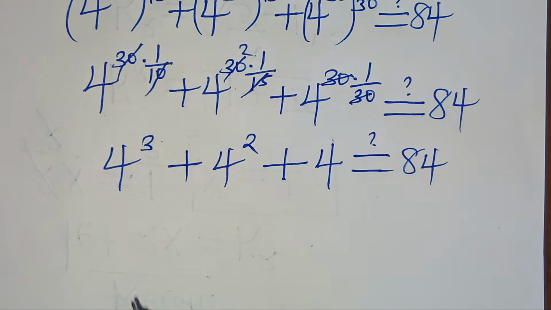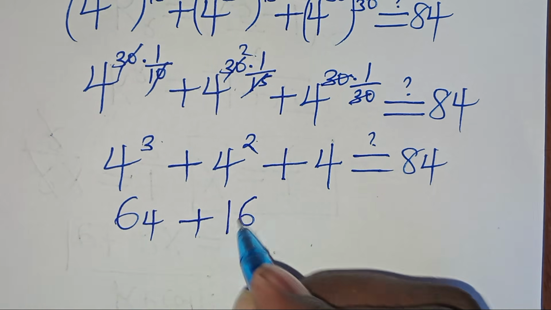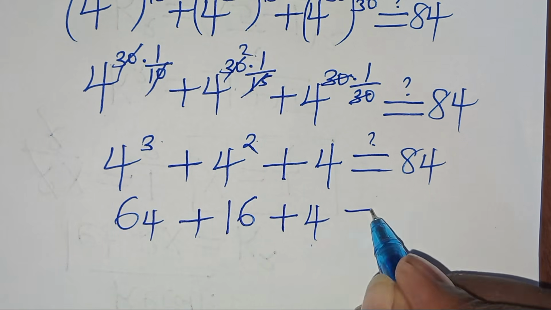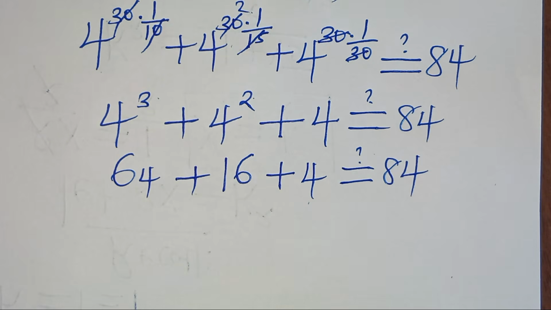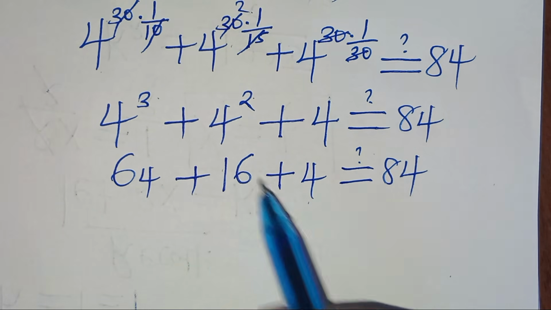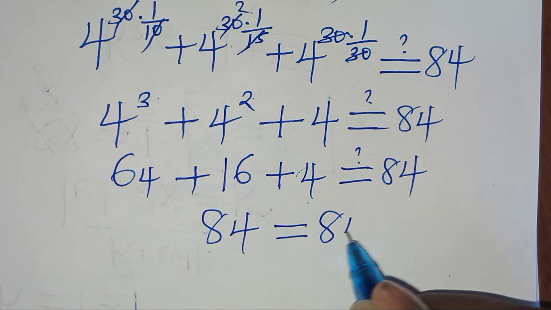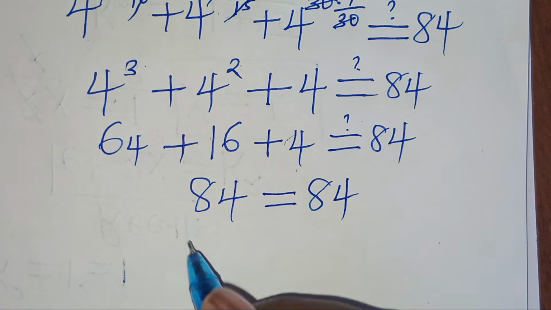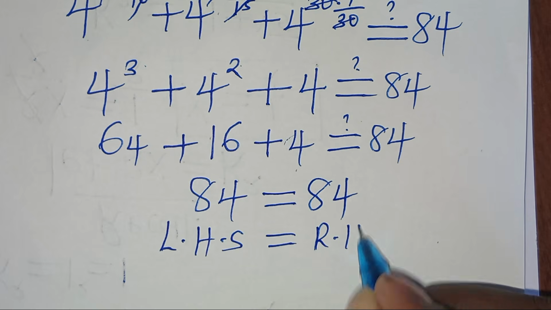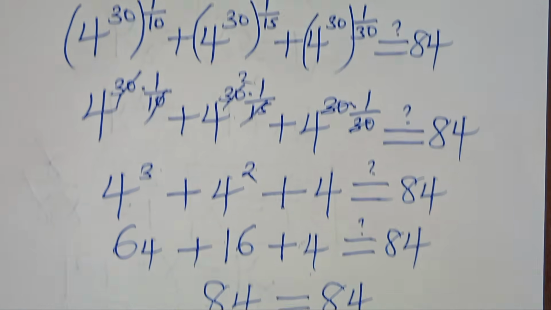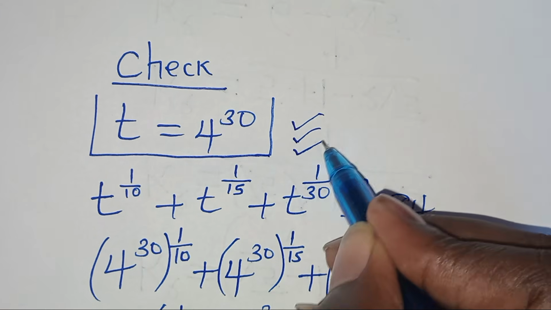So 4 to the power of 3 is 64, plus 4 squared, which is 16, plus 4. 64 plus 16 is 80, plus 4 is 84, which is equal to 84. So the left hand side is equal to the right hand side, and this affirms that the value of t, which is 4 to the power of 30, satisfies the equation.